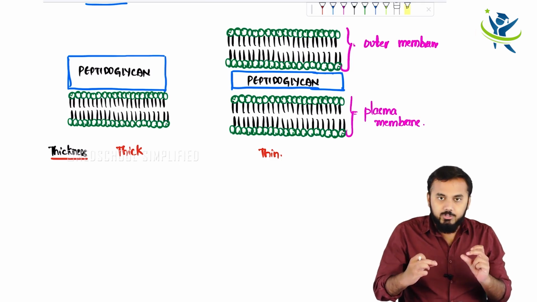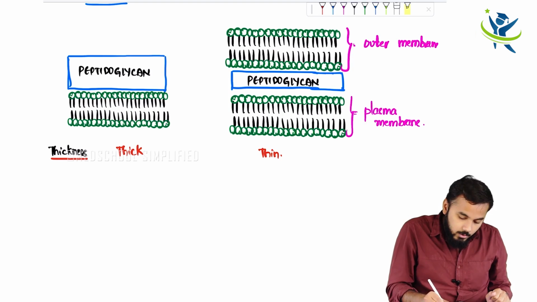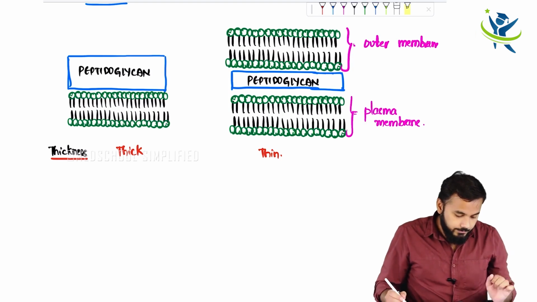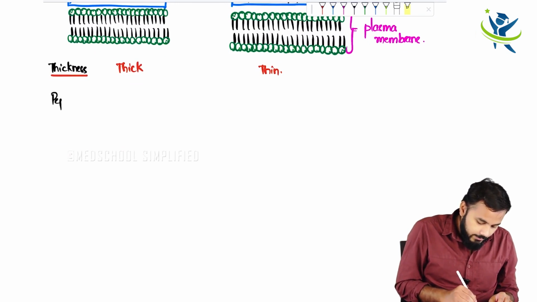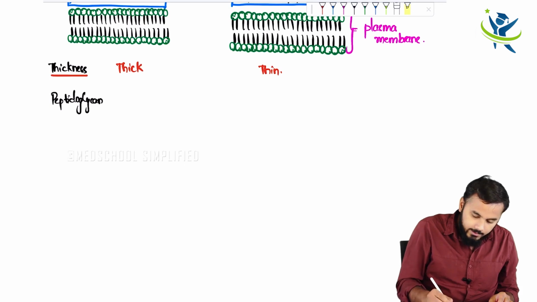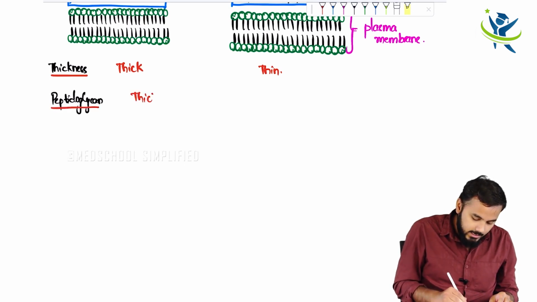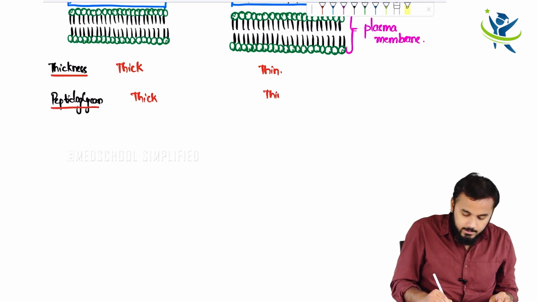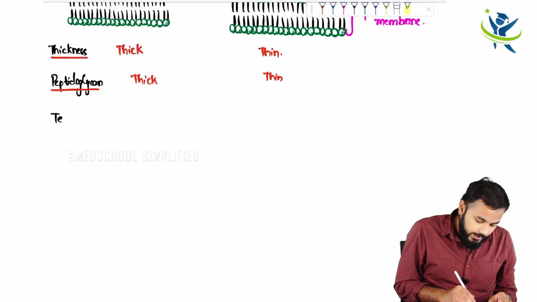Sandwiched between the outer membrane and plasma membrane, I have got the peptidoglycan layer. Cool. Next, if I ask about the peptidoglycan layer, where it is thick, where it is thin, obviously here it is thick and here it is thin. Right? Next important thing is teichoic acid.